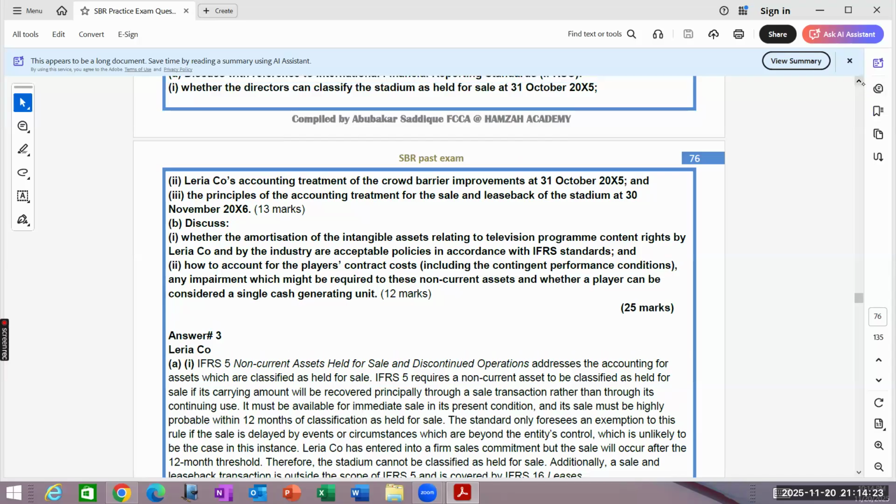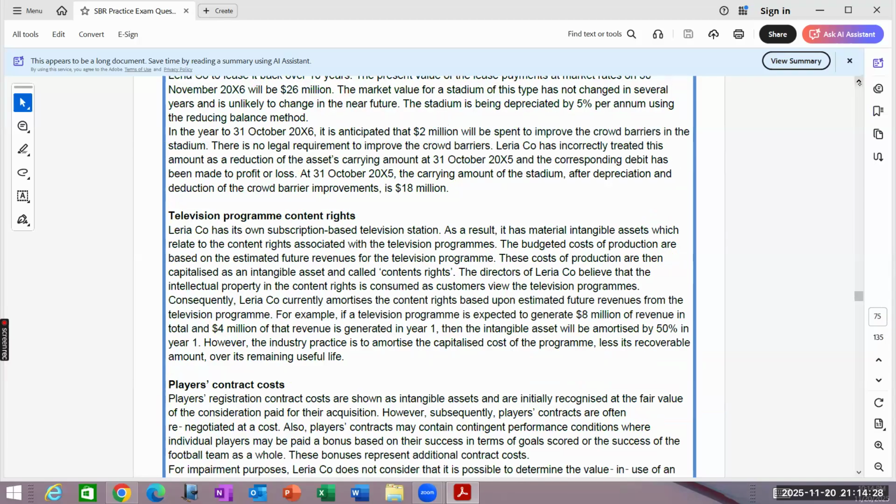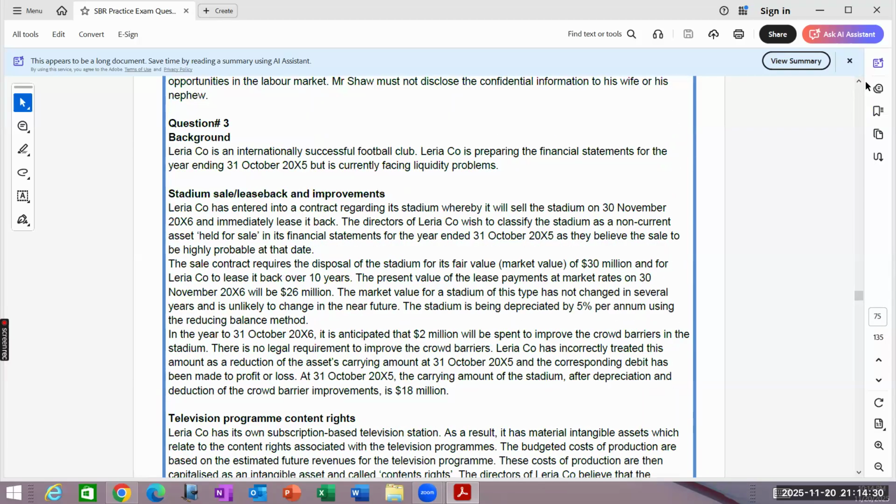In the last paragraph, they talked about it being anticipated that there will be an improvement expenditure on crowd barriers in the year to 31st October X6.